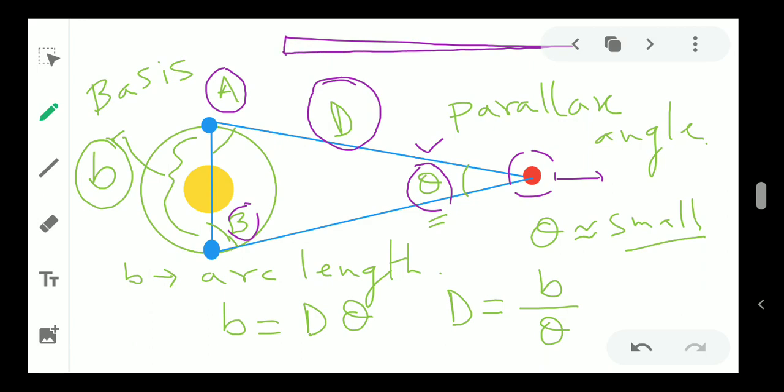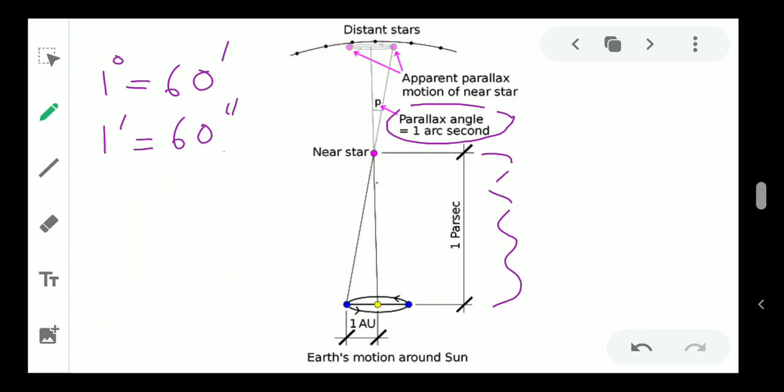So for very far away stars, the farthest stars, we can say that this angle P will be so small that it will become like 1 arc second.